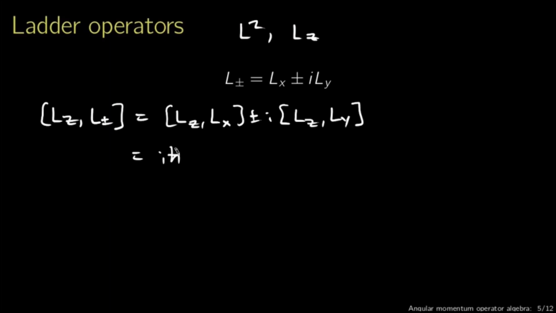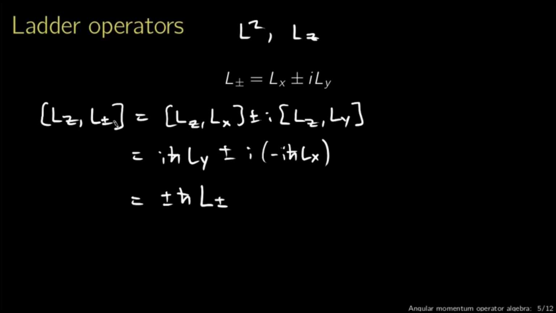You get i h bar Ly plus or minus i times, z and y here now are in the wrong order, so I'm actually going to get a minus i h bar Lx in this case. So this is our commutator, and if you simplify that down, you'll find that this is actually equal to plus or minus h bar L plus or minus.